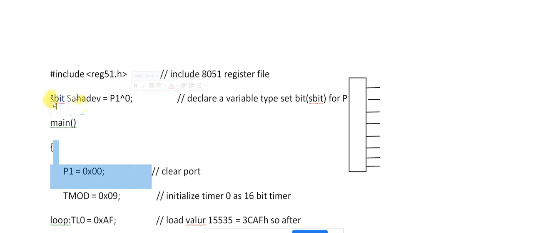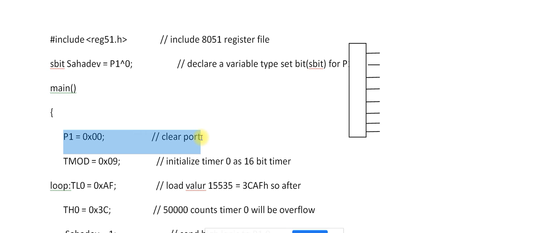Now, as per the C structure, you start with main, or you can write while(1), that is continuous. So P1 = 0x00 means clear port. Means initially all ports are 1. When you run the program, all ports are 1.